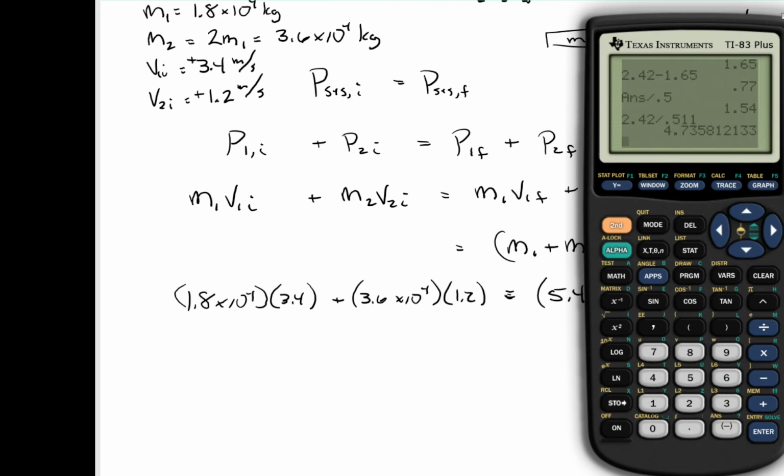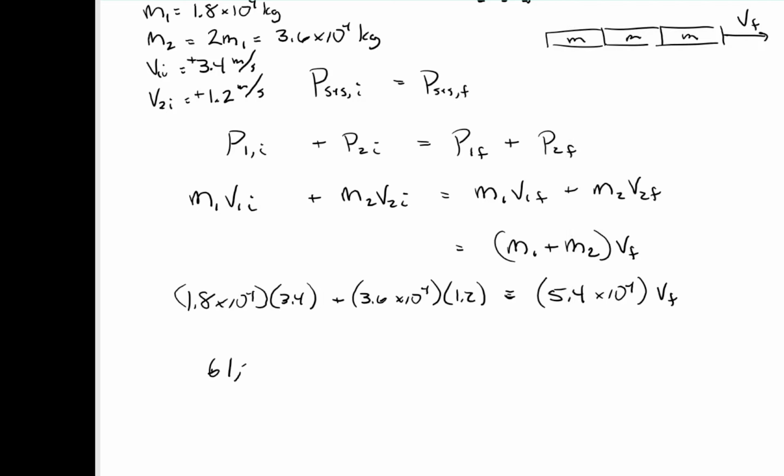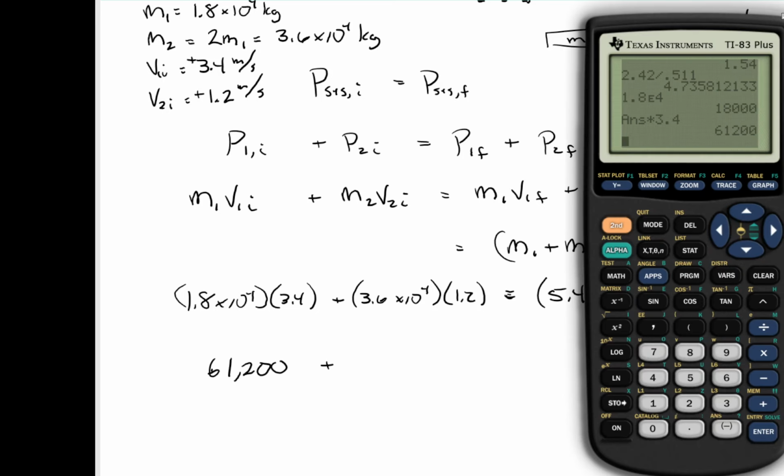When you use scientific notation, I like using the EE feature, 1.8 second e, puts that EE to the 4. That should be 18,000. Indeed it is. It's a nice shorthand convention. I'm going to multiply that times 3.4. So that's the momentum of the first cart, 61,200. 61,200 plus, let's do the momentum of the second one.